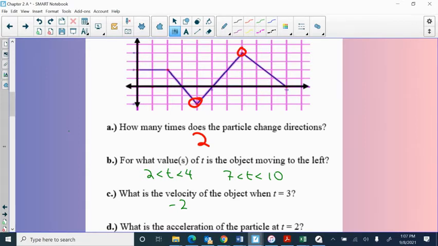Okay, so inches first. If this is truly a position graph, velocity is the derivative. So I'm looking for slopes. That's why I have the next 2 in green. Moving to the left means I need a negative velocity, so I'm looking for negative slopes. And then what is the velocity specifically at 3? I can just read the slope since it's a linear function.